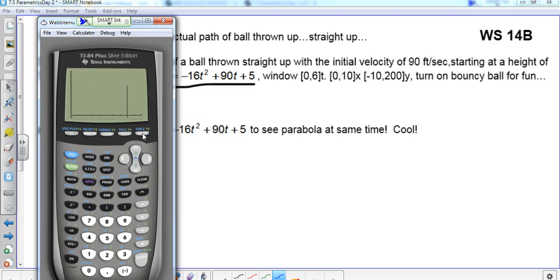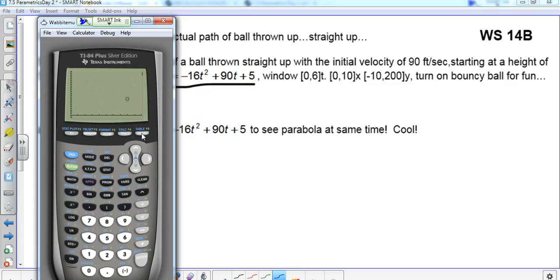Did anybody notice what happened? It did go underground somehow, right? Because we put too much time on there. That's okay. Did you notice anything about the bouncy ball? Watch mine one more time. What happens as it gets up to the top?